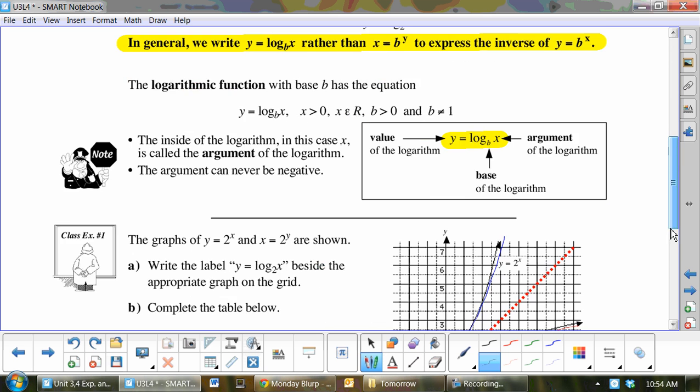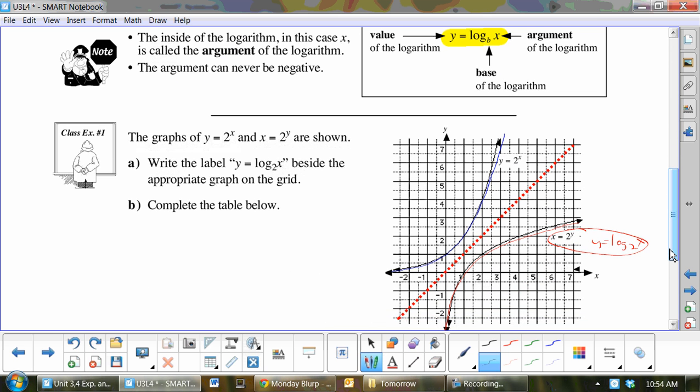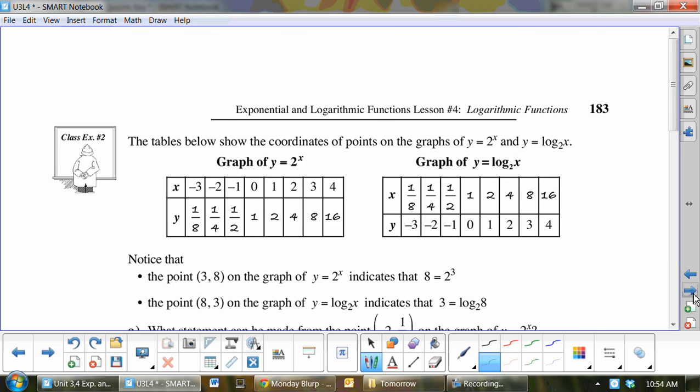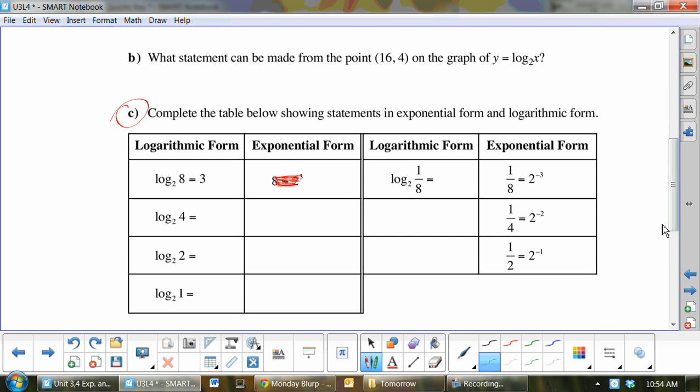They are only inverses when they're both y equals. But do you see how, on this chart, if this is x and this is y, we're actually going to switch the order, which makes them equal, if you change to the right form, which is exponential.